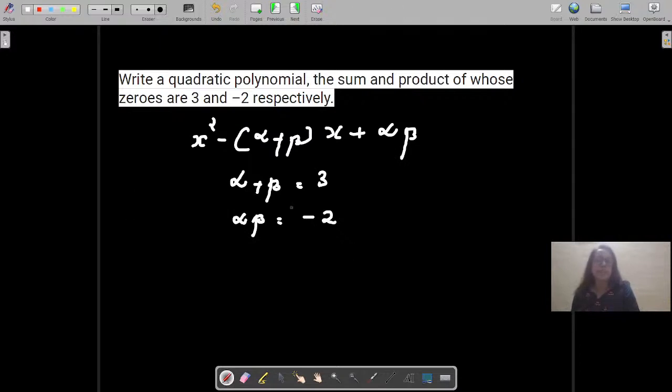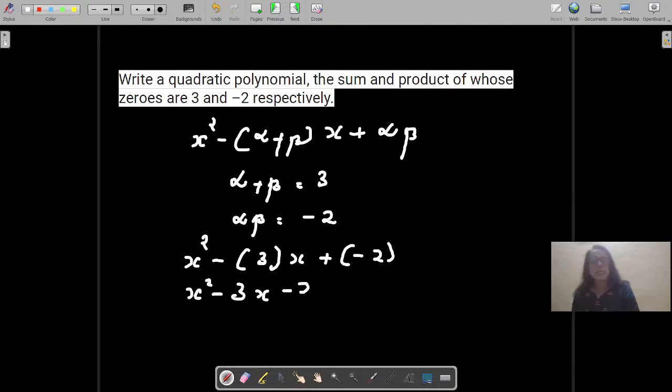X square minus alpha plus beta, which is 3, into x plus alpha beta, which is minus 2. So x square minus 3x minus 2 is the polynomial. Okay? X square minus 3x minus 2 is the quadratic polynomial. Right, children? Only the polynomial we have to find out, that is x square minus alpha plus beta into x plus alpha beta, so x square minus 3x minus 2.